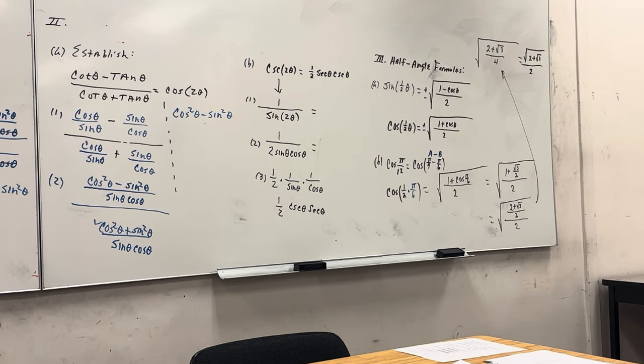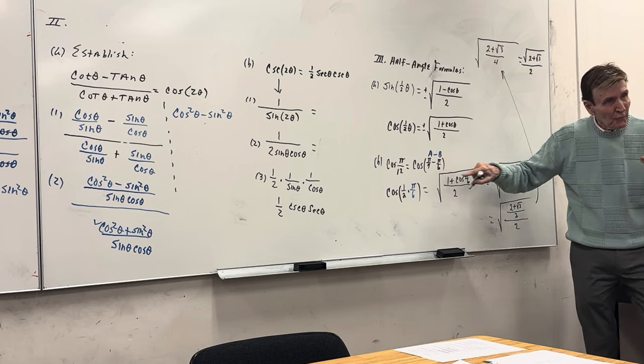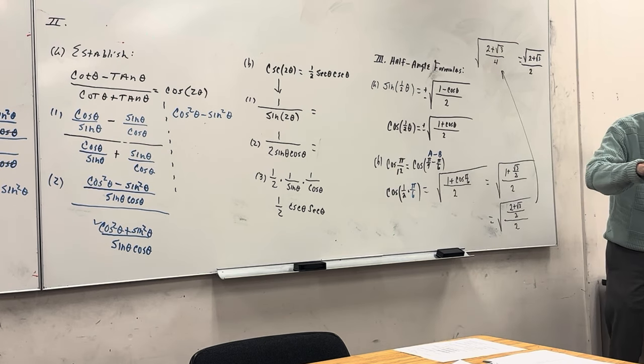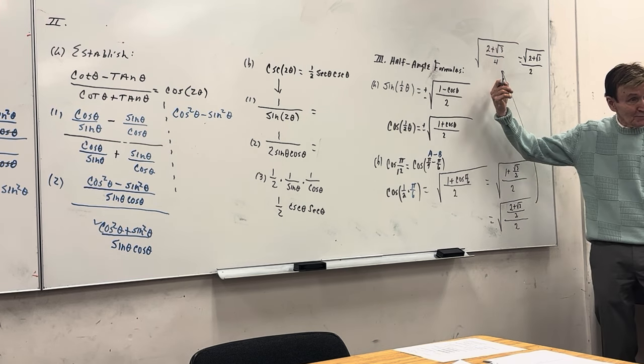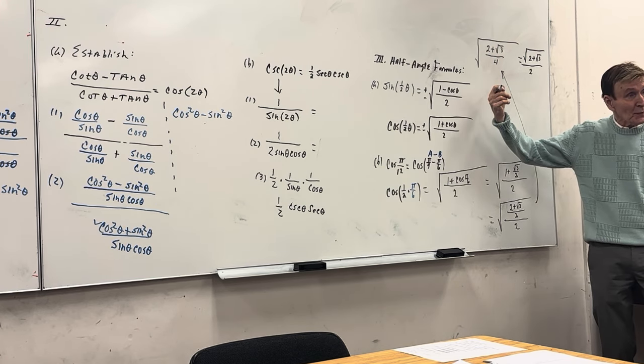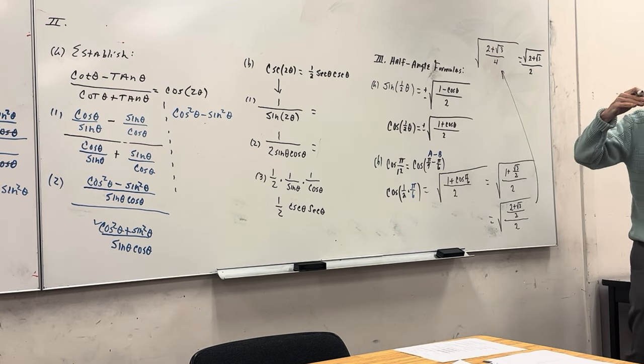I guarantee you, if I did not tell you which one to use, and students chose the cosine A subtract B formula from Monday, your answer's going to look nothing like that. But they're equivalent. I am telling you, they have the same value.